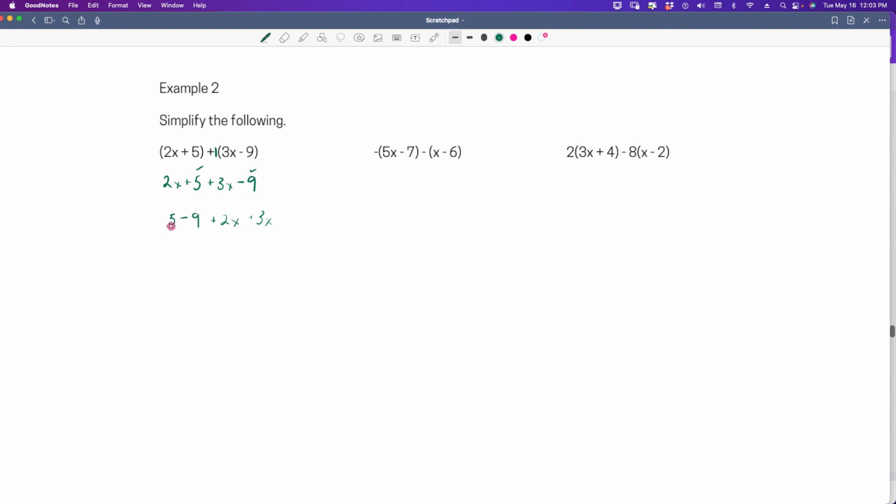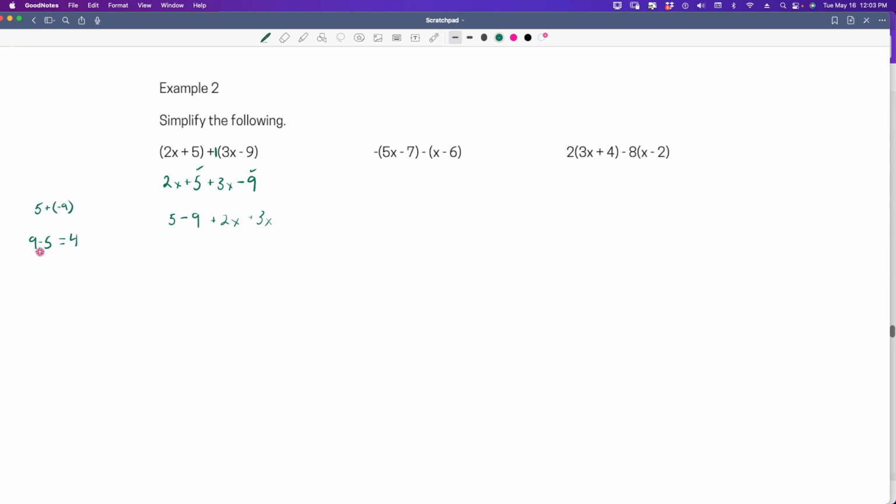Remember when we have a positive and a negative, we have a subtraction problem. We're actually just combining 5 plus negative 9. Remember our rule that we're going to subtract the smaller from the larger, so 9 minus 5, and then the sign is going to be whatever the sign of the larger number is.